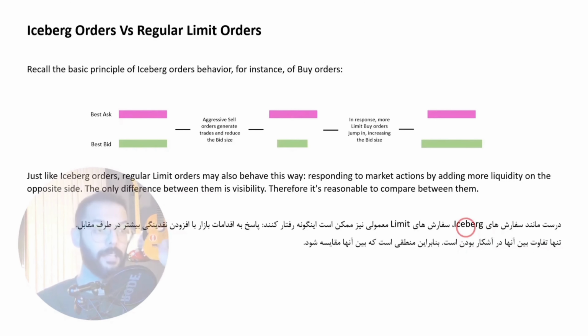I said exactly that, and it's saying the same thing here, that responding to market actions by adding more liquidity on the opposite side is similar to icebergs. But these are just regular limit orders. They're not iceberg orders. That's why we said those two indicators, underflow and resistance, aren't useful for us, and that's why we gave you the MBO indicator so you can specifically identify those iceberg orders.